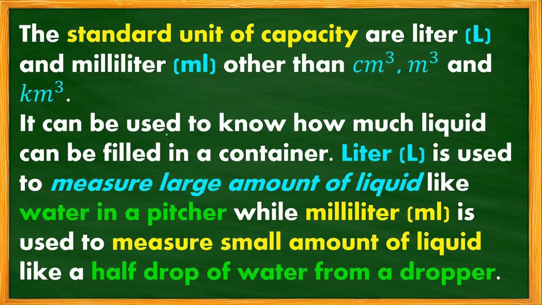It can be known how much liquid can be filled in a container. A liter is used to measure a large amount of liquid like water, while the milliliter is used to measure a small amount of liquid like a half drop of water from a dropper.